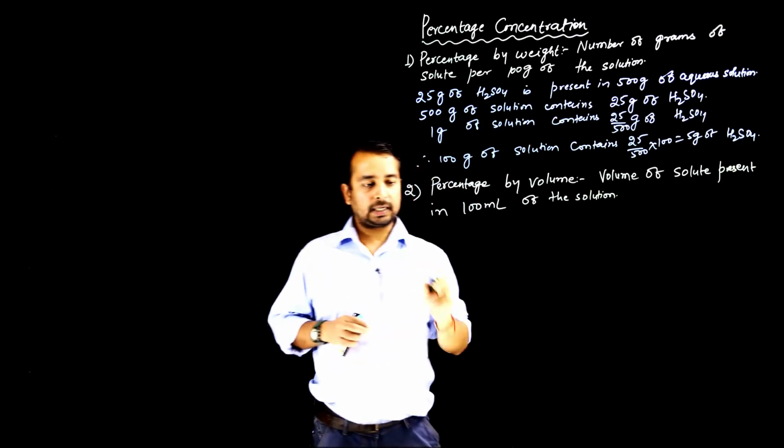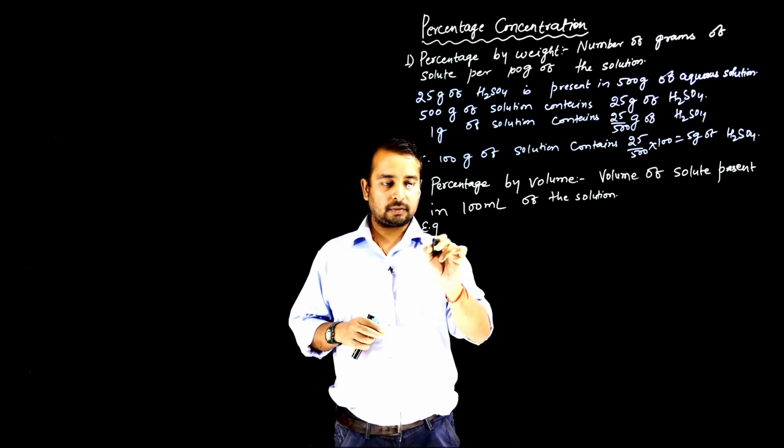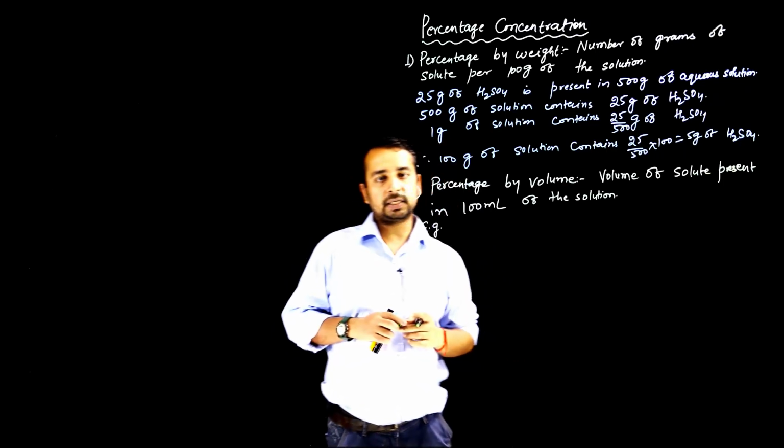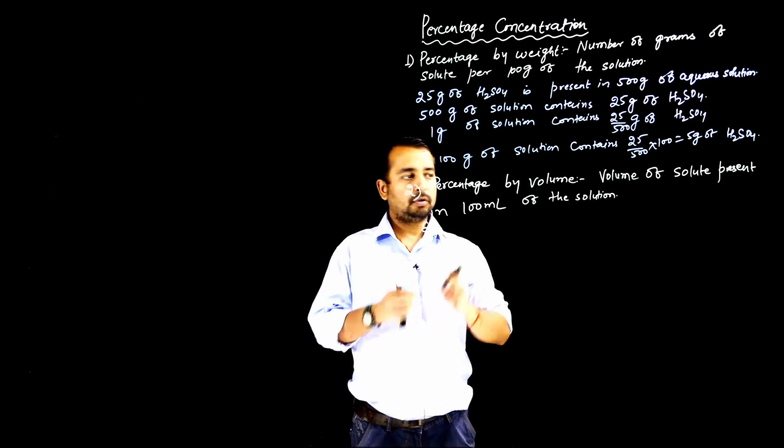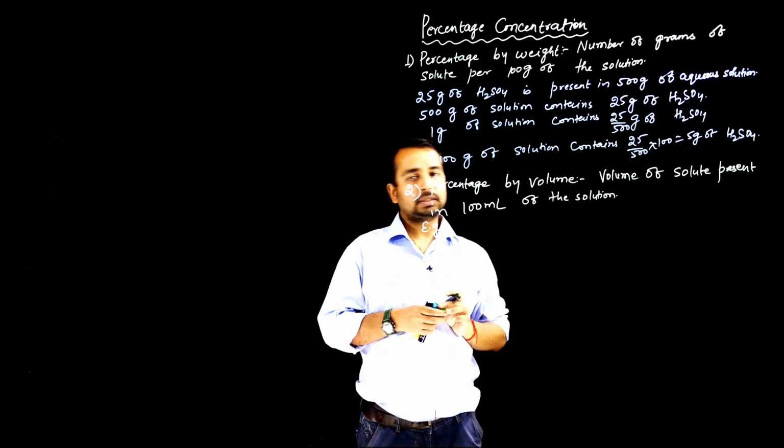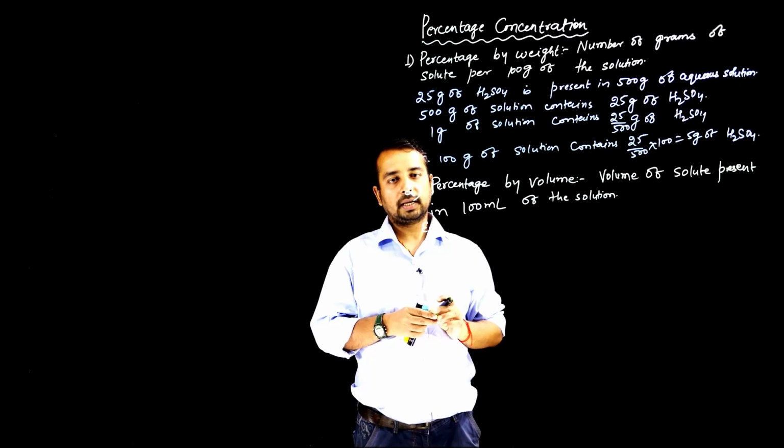Again here, if we take an example, let us say 25 ml of H2SO4 is present in 500 ml of the solution. So percentage by volume concentration of H2SO4 will be again 5%.